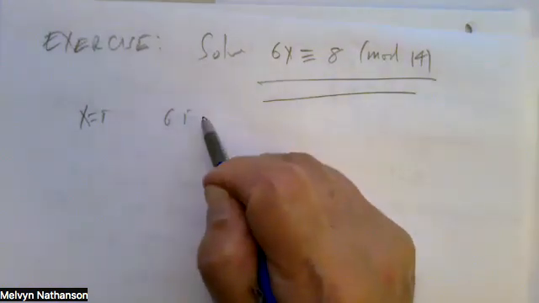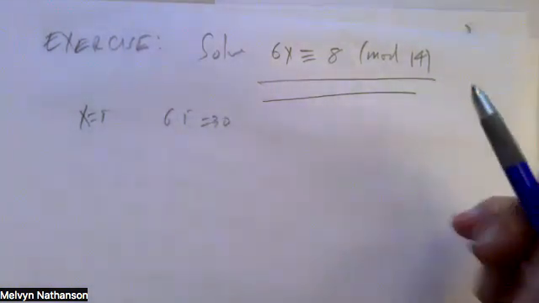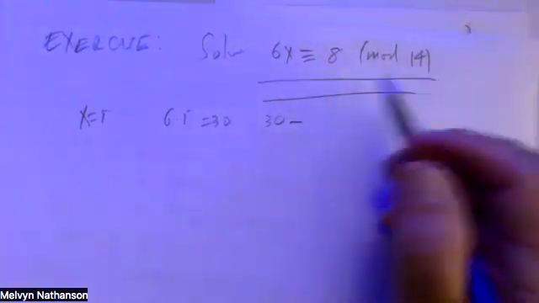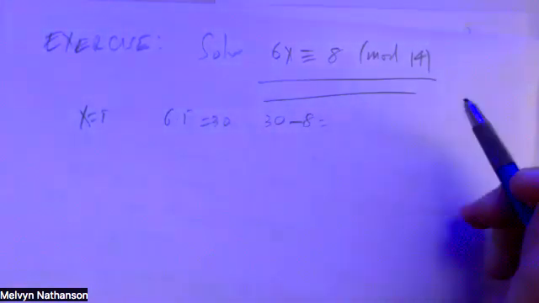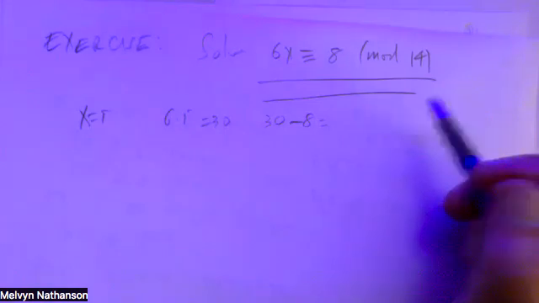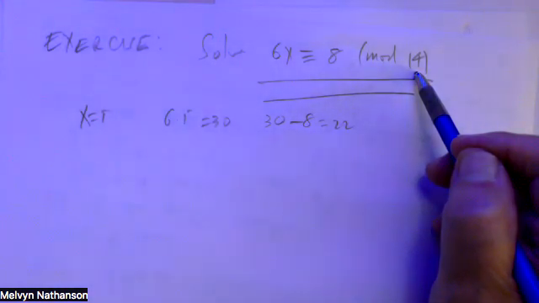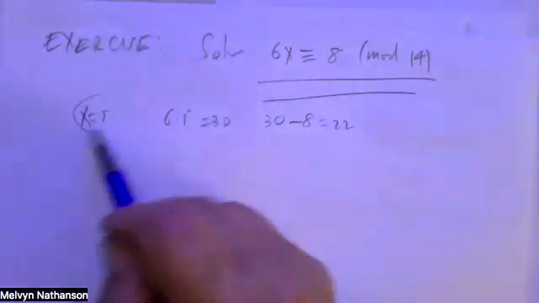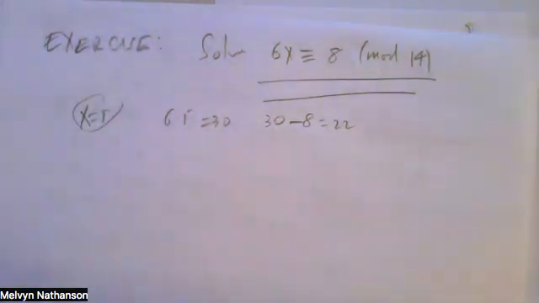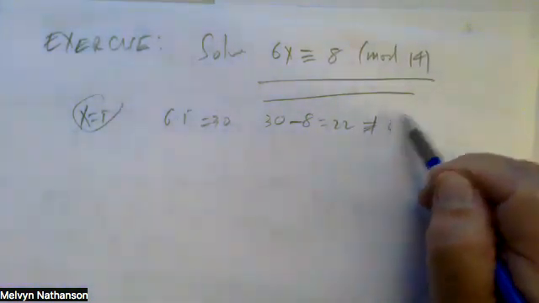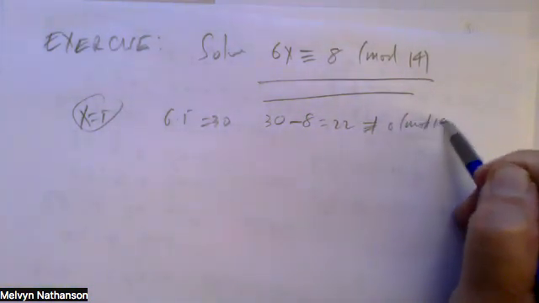So 6 times 5 is 30, 30 minus 8 is 22. Is that divisible by 14? So this doesn't work, because it's not congruent to 0 mod 14.